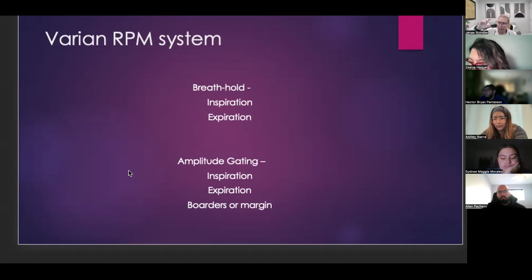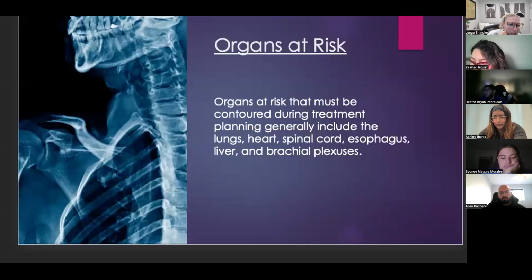If I'm doing all phase gating and I just have the top and the bottom, all I'm doing is making sure that that person's either A, not going to move, or B, like if they cough, it'll go outside. It'll prevent the beam from beaming on during all phases. So basically I'm just top to bottom of the cine wave. And I'm going to find a video real quick, or I'm going to draw it after this lecture when you guys come back, to make it make a little bit more sense.